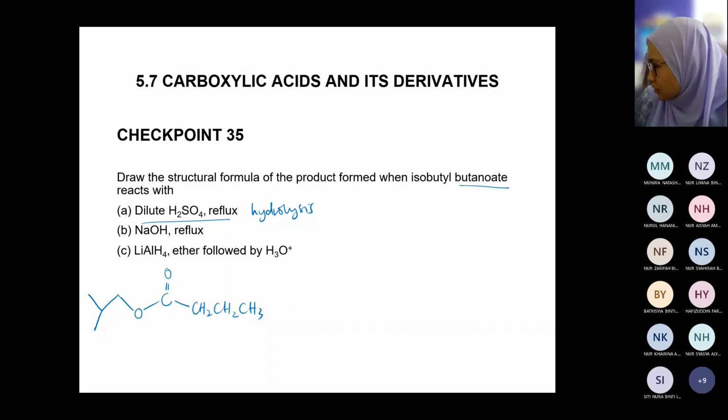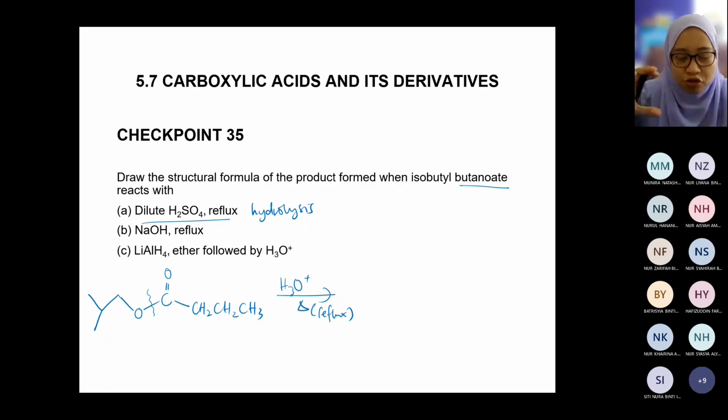Okay, maksudnya dia akan pecah kat sini. Okay. Alright. So H3O plus, heated. Ataupun heated ni kadang-kadang dia boleh represent the reflux.